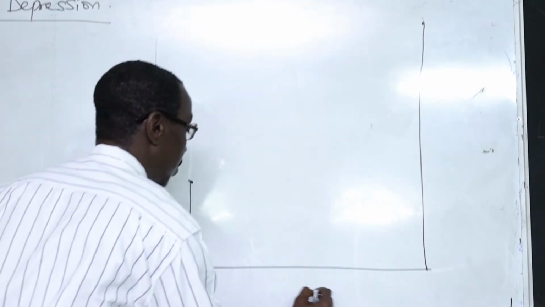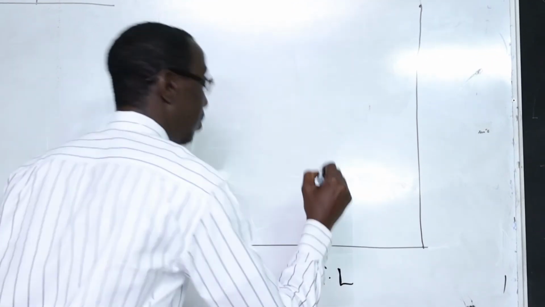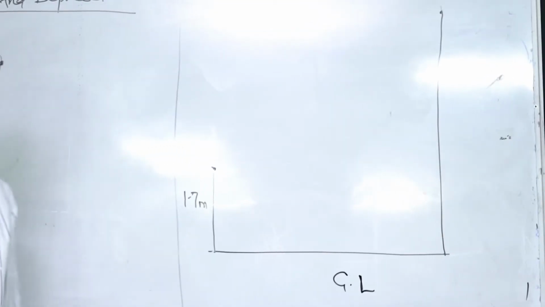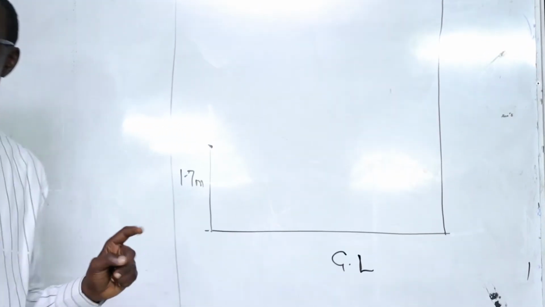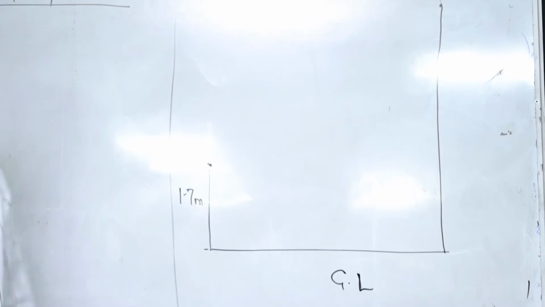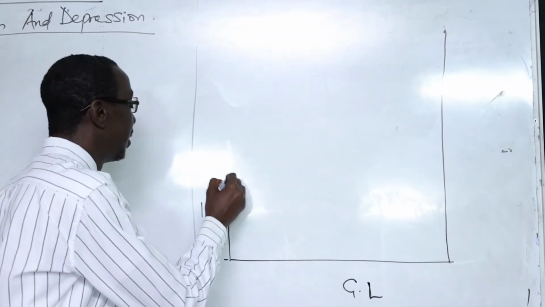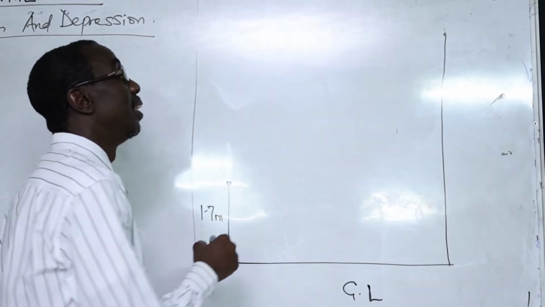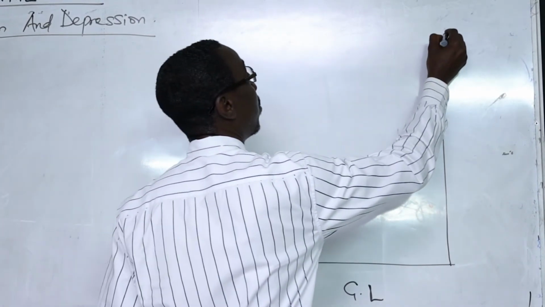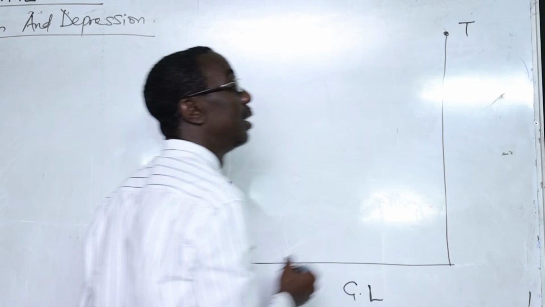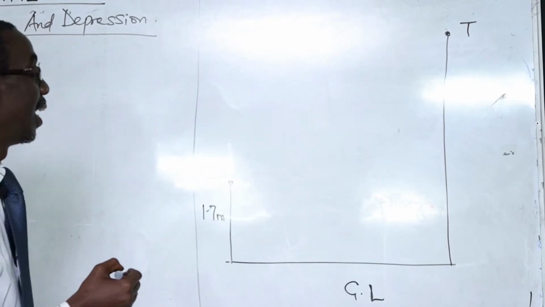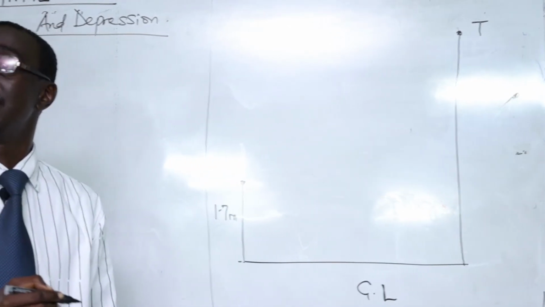This is my ground floor. I mean ground level. It's observing the elevation of the tip of the tower to be 35 degrees. I can call this place T, tip of the tower, as 35 degrees.